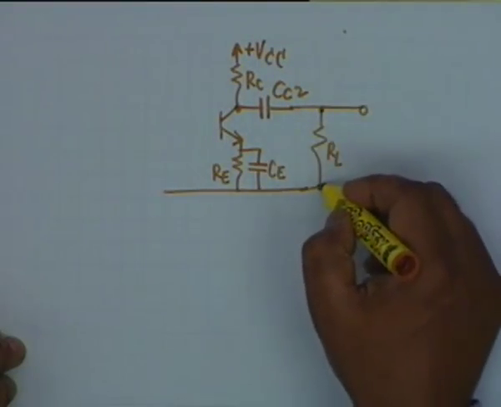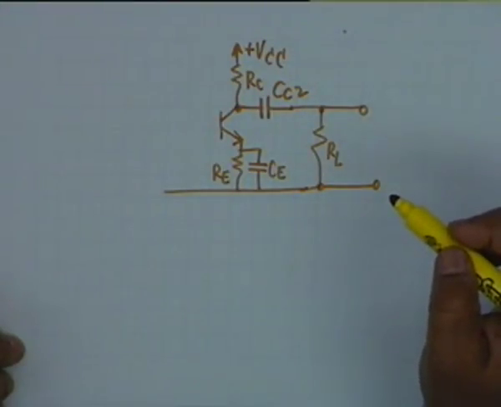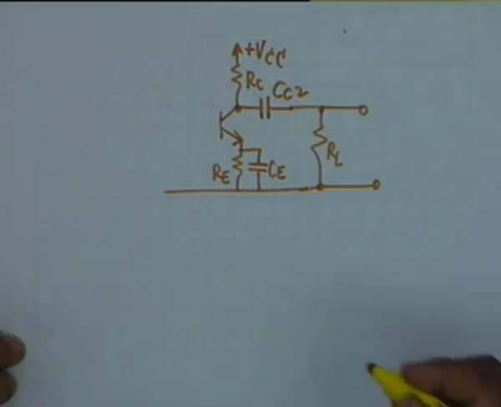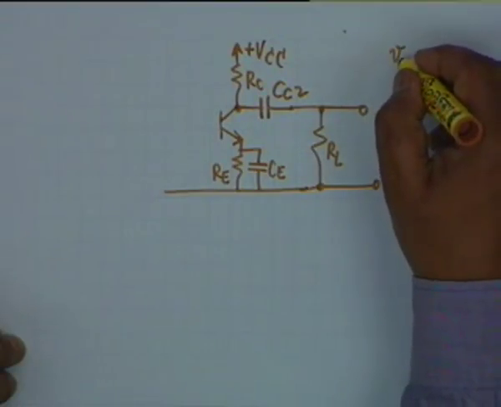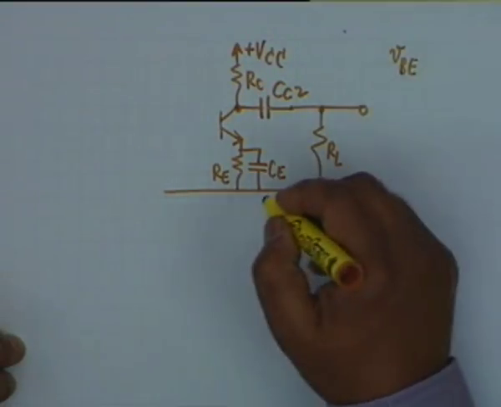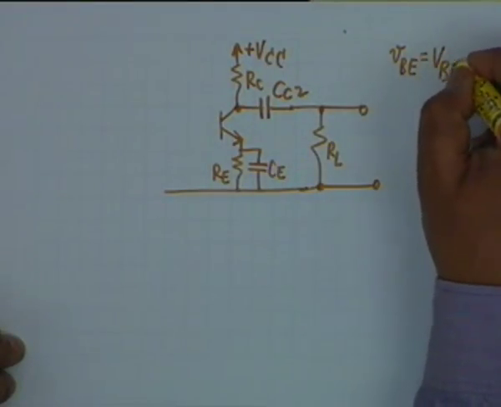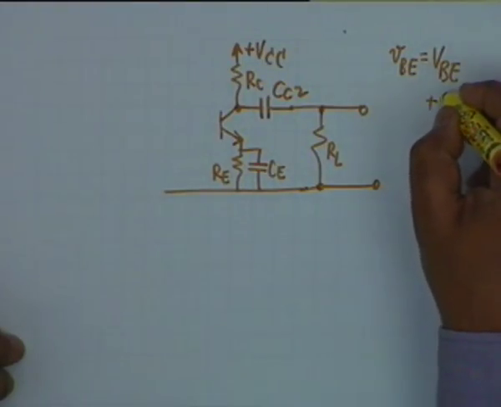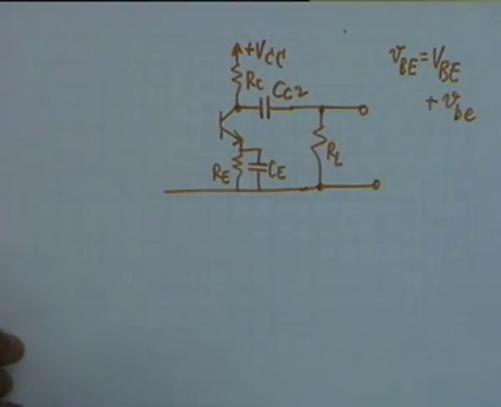The signal voltage is taken from here, and obviously this voltage shall be purely incremental voltage or the AC voltage. Now we have adopted the notation that if I say VBE, this is the total base emitter voltage. This is equal to the DC base emitter voltage, capital V sub capital BE, plus small v sub small b small e. This is the AC input voltage.